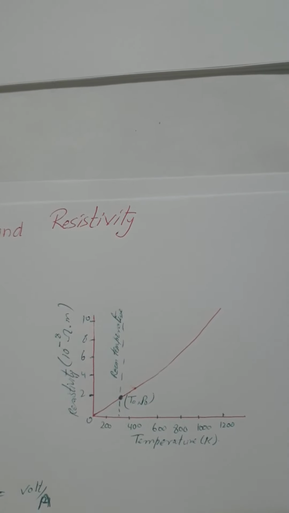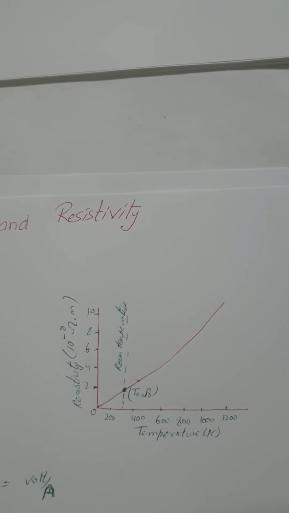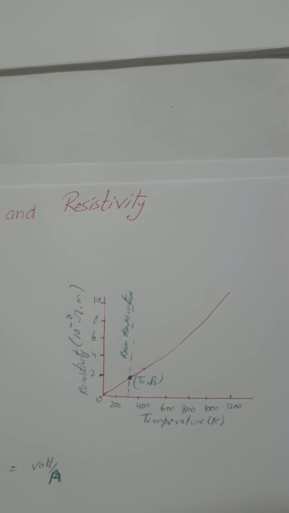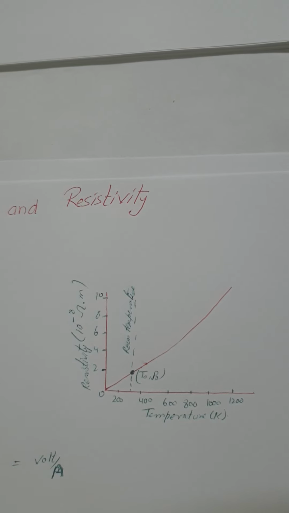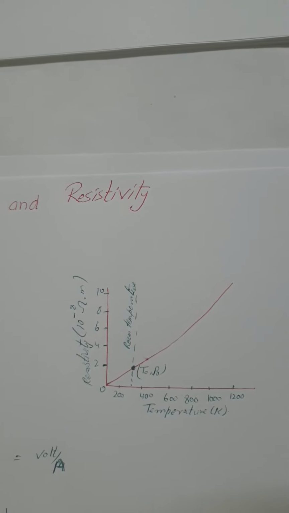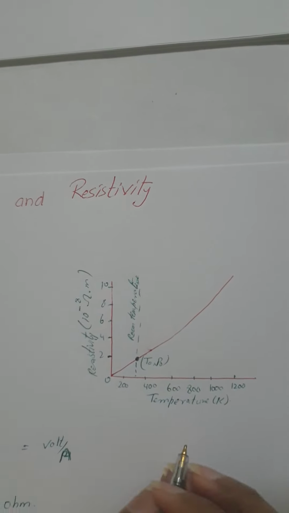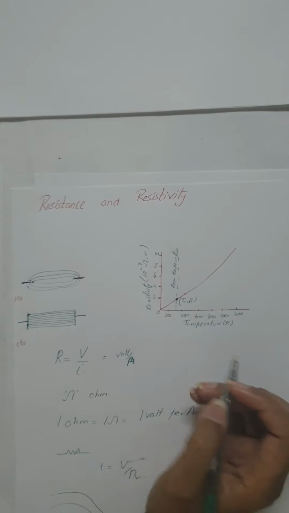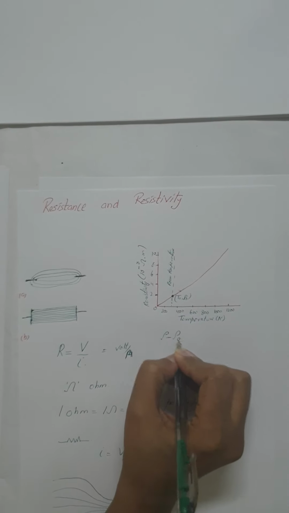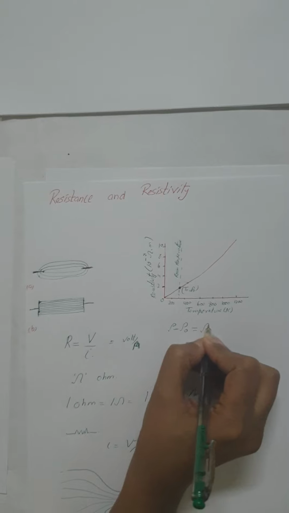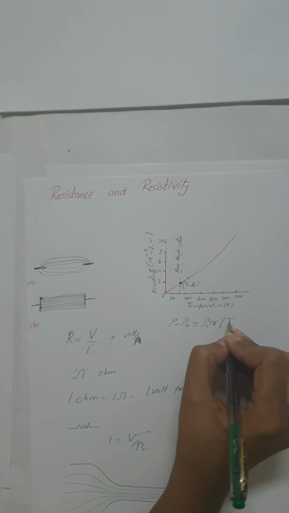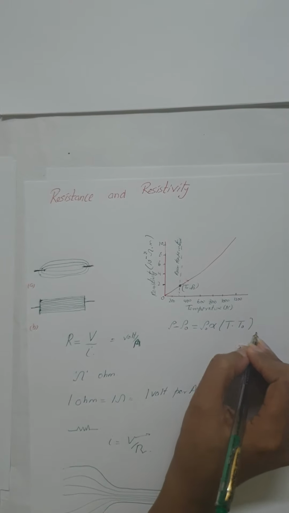The relation between temperature and resistivity for copper, and for metals in general, is fairly linear over a rather broad temperature range. For such linear relations, we can write an empirical approximation that is good enough for most engineering purposes, that is rho minus rho naught into T minus T naught.